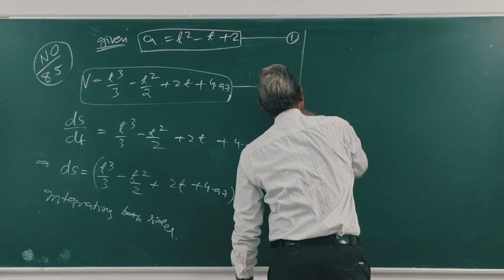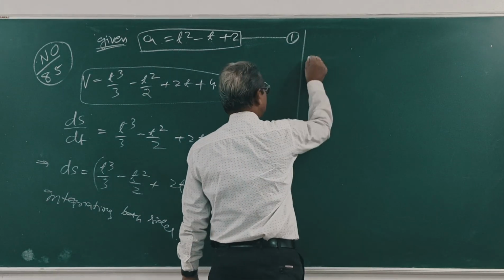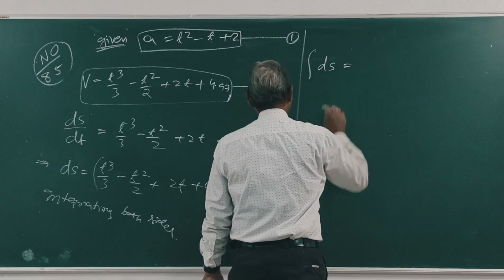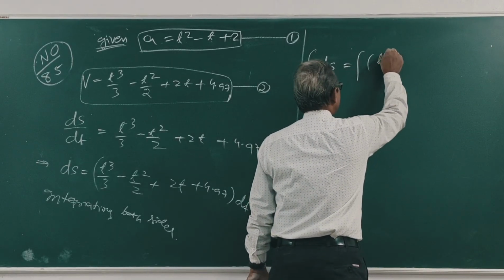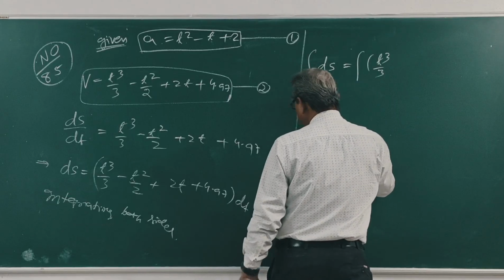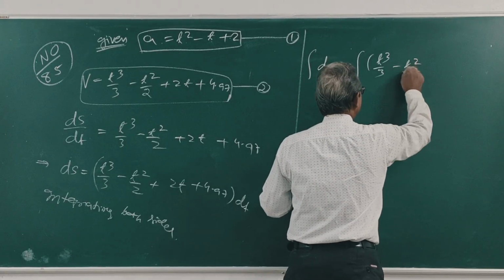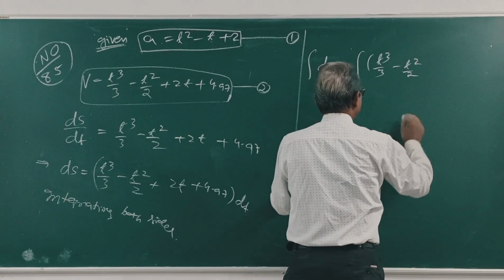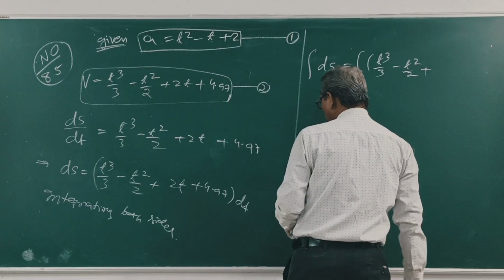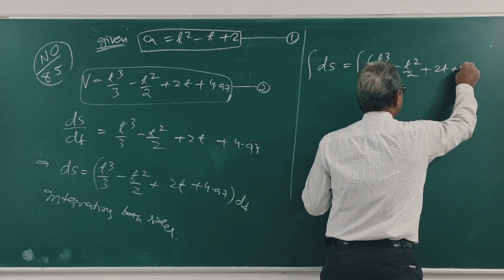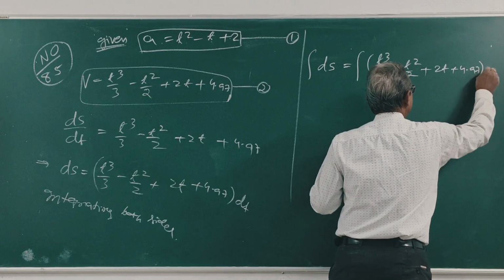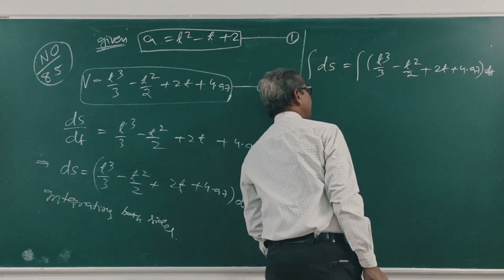So integration of ds is equal to integration of t q by 3 minus t square by 2 plus 2t plus 4.97 dt. Clear?